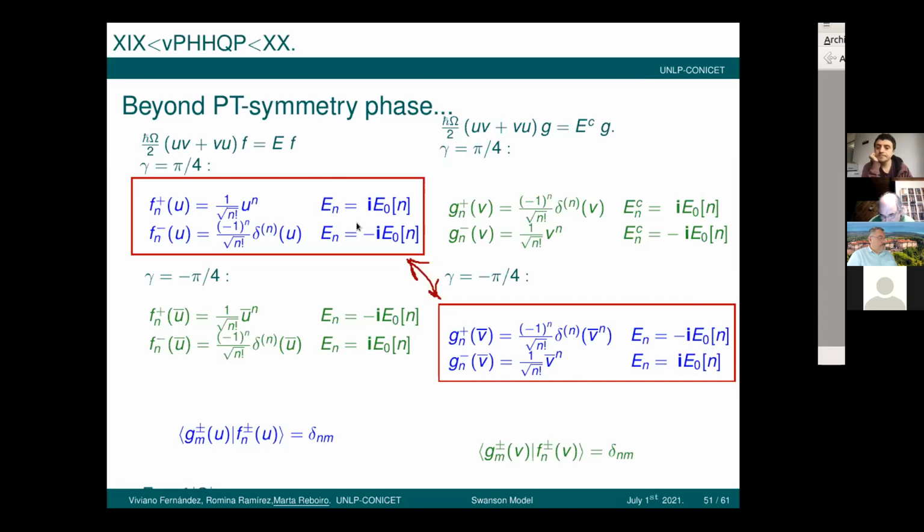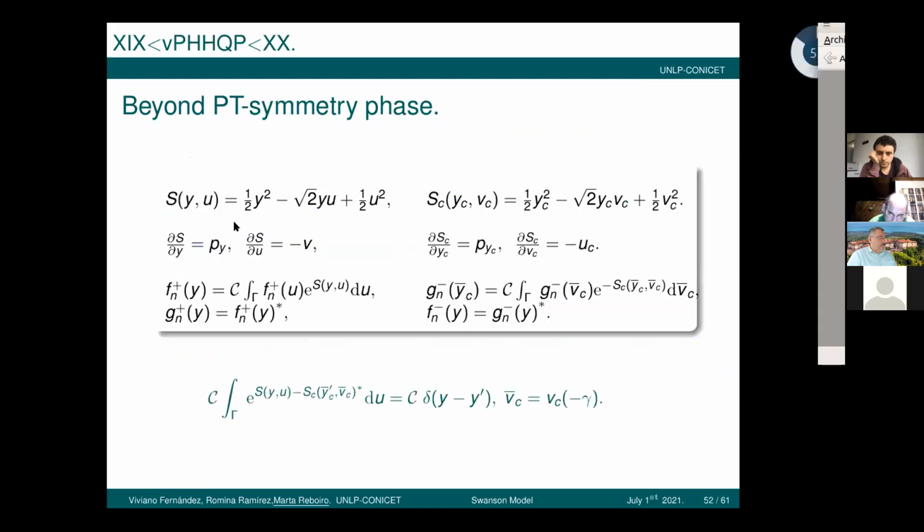And then I can go back to the representation of y and p through these generating functions.